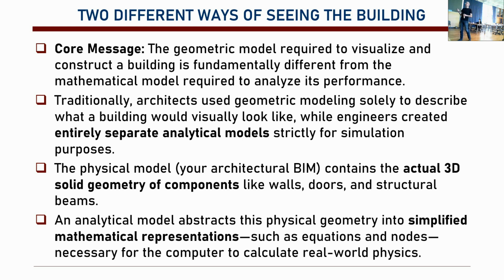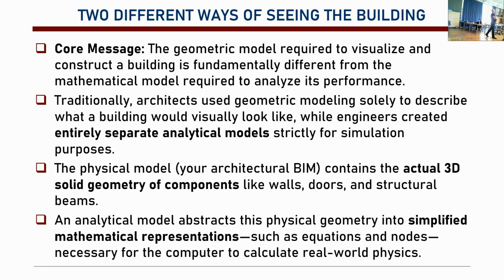So with BIM, this 3D solid geometry is converted to an analytical model, and that analytical model is sent to the simulation plugins, simulation components, or simulation cloud services. Most of these services, when you are using Autodesk products, run in the Autodesk cloud service.